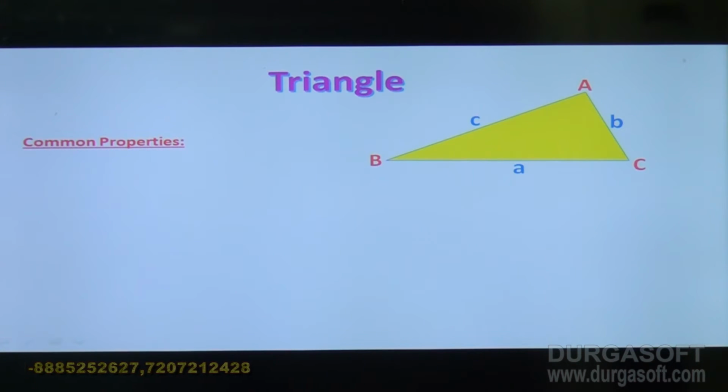Let's start with the triangle. In a triangle, let's see what the common properties are. If we can see here, there is a triangle with different angles and different sides.